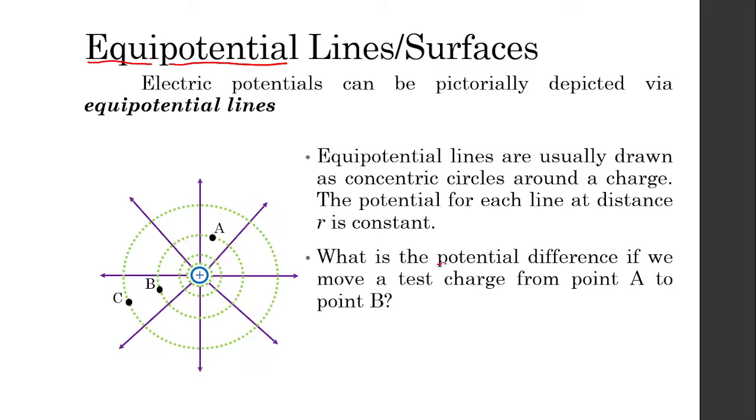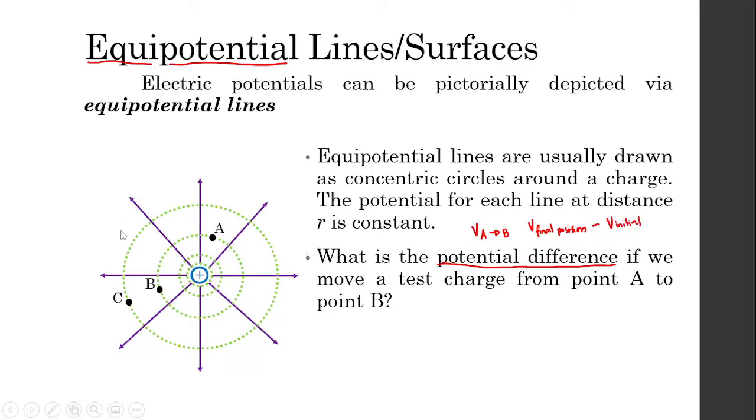Potential difference is the difference between the potential from moving one object to the other, like from one place to the other place. Usually what that means is V final position, we also discussed this already in lesson 8, and V initial position.